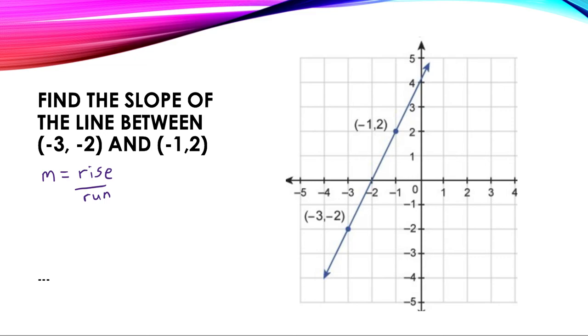And I'm going to either move up or down towards my other point. So in this case, I would need to move down, and I'm going to count as I go. So that's 1 block, that's 2, 3, and 4. Now, because I moved down, that rise is going to be a negative 4.